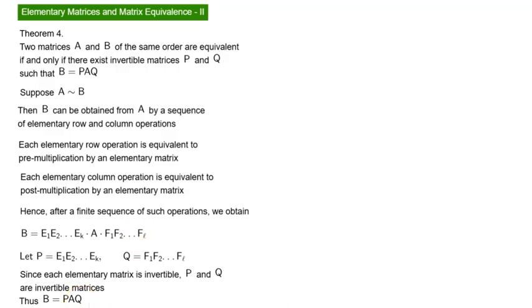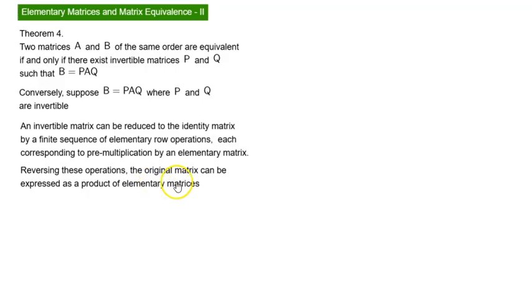Now, let's look at the converse. Conversely, suppose B is equal to PAQ, where P and Q are invertible. An invertible matrix can be reduced to the identity matrix by a finite sequence of elementary row operations, each corresponding to pre-multiplication by an elementary matrix.